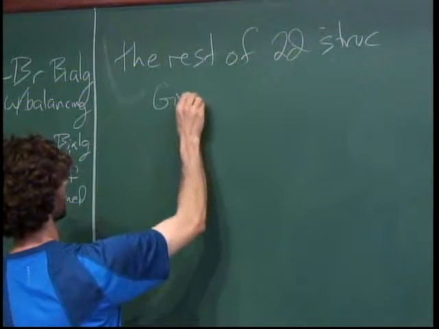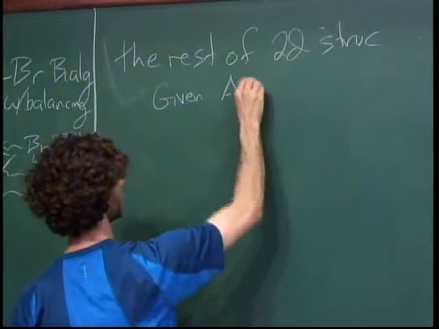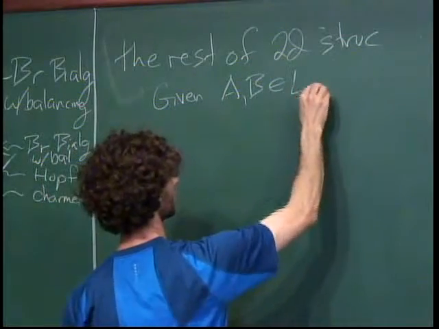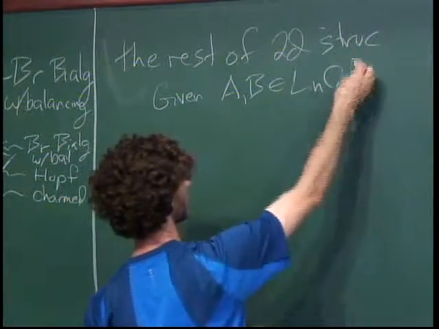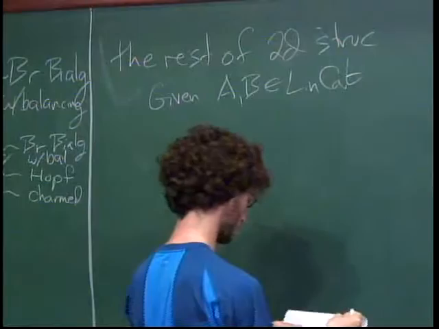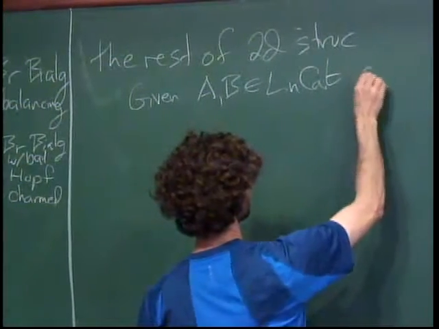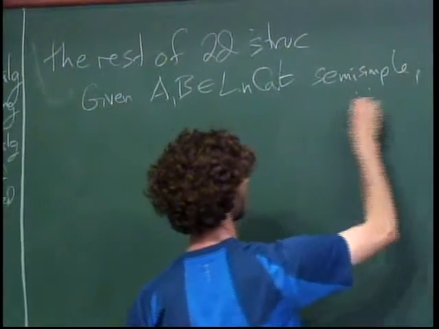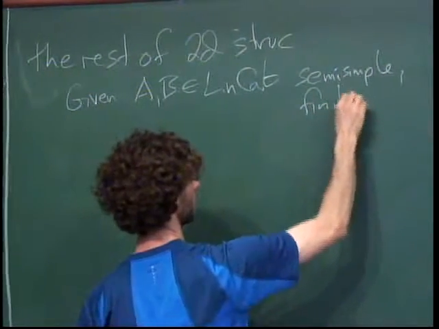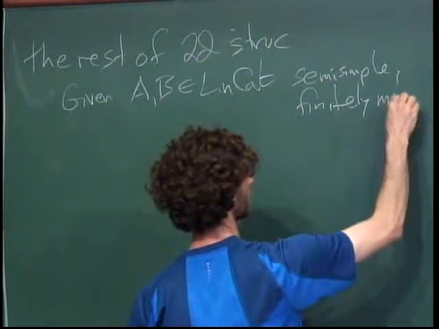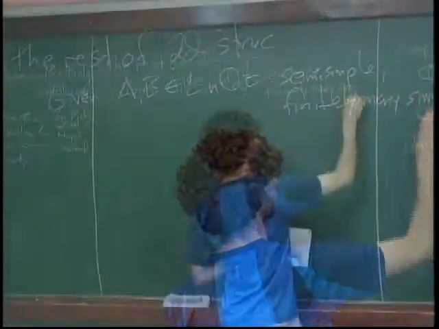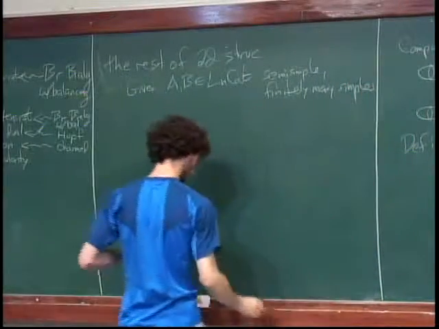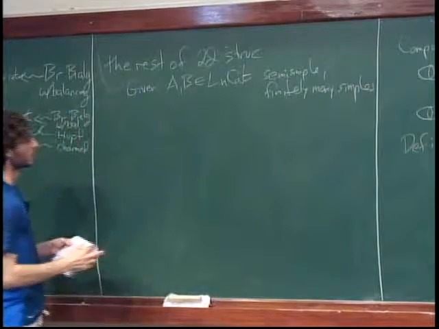Given A and B, I'm now going to make a general statement that's going to help me understand the rest of the 2D structure. Given two linear categories that are both semi-simple and have finitely many simple objects, lots of things are much better behaved.